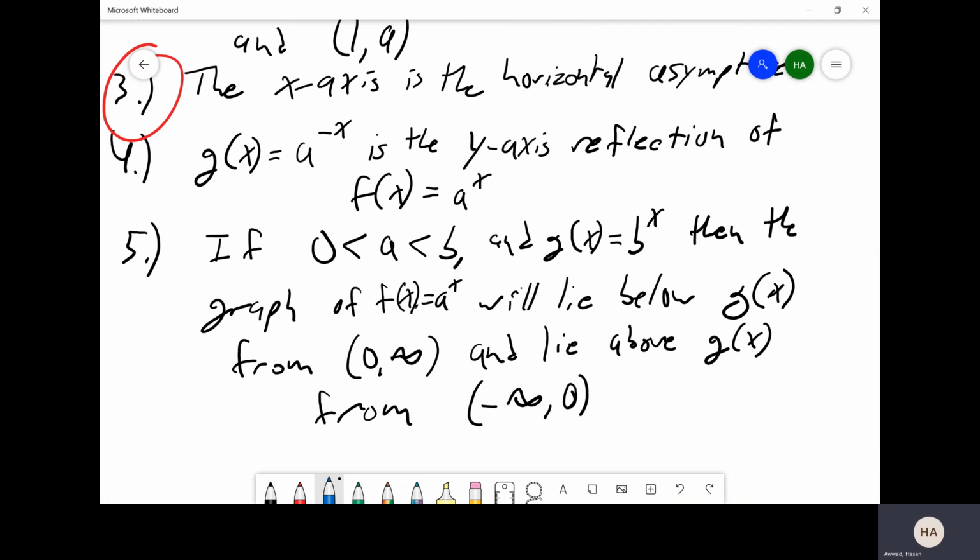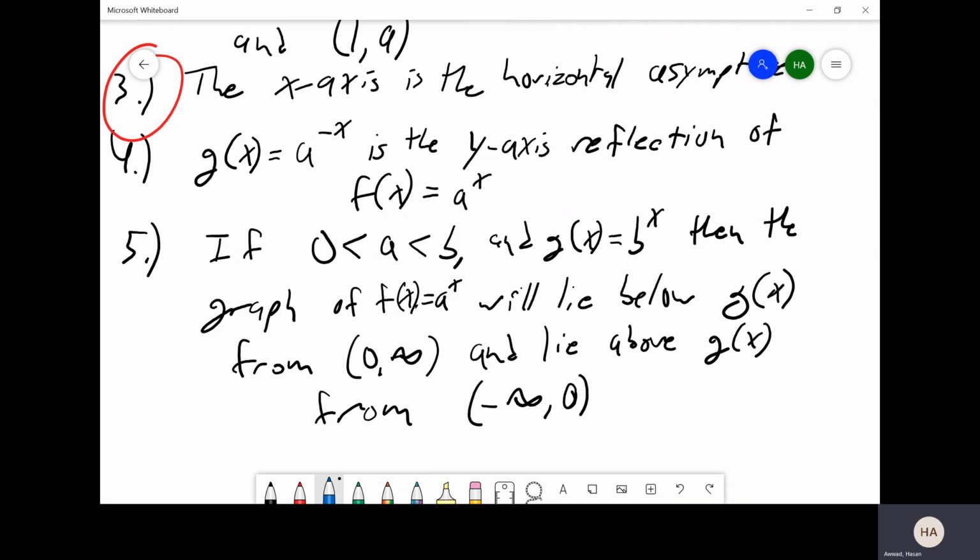And then you have another function, f of x, equal to your lesser number, a to the x. Well, a to the x will lie below the graph of g of x when we're talking about x inputs from 0 to infinity, and it's going to lie above g of x from negative infinity to 0.